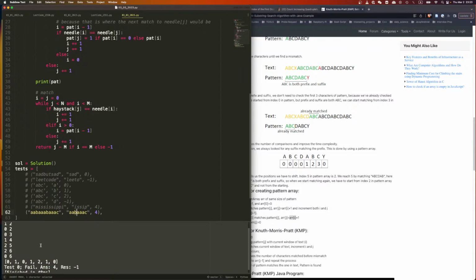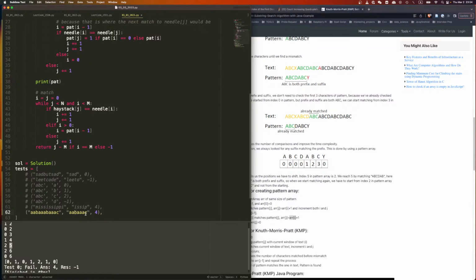There's no 2, 4. 0, 1, 2, 3, 4, 5. 2, 5, 2, 5. Okay, I have 2, 5. So 2, 5 is a mismatch. Right? 2, 5 is a mismatch.